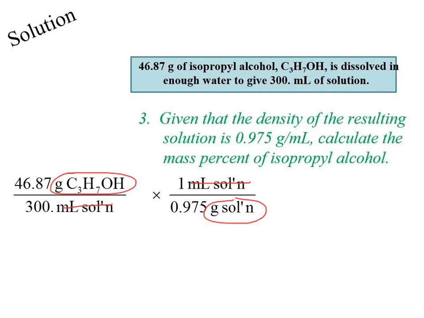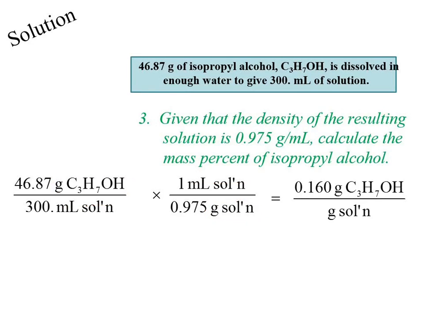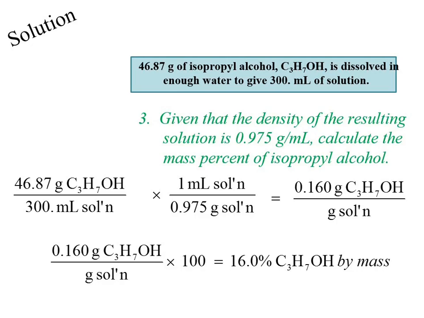But we want grams of isopropyl alcohol per 100 grams of solution. So we want that. That's what we call parts per 1. So in 1 gram of solution, we have 0.160 grams of isopropyl alcohol, 3 sig figs. So if that's parts per 1, that's actually what we call mass fraction, that 0.160. So to go to parts per 100, we simply have to multiply by 100%.